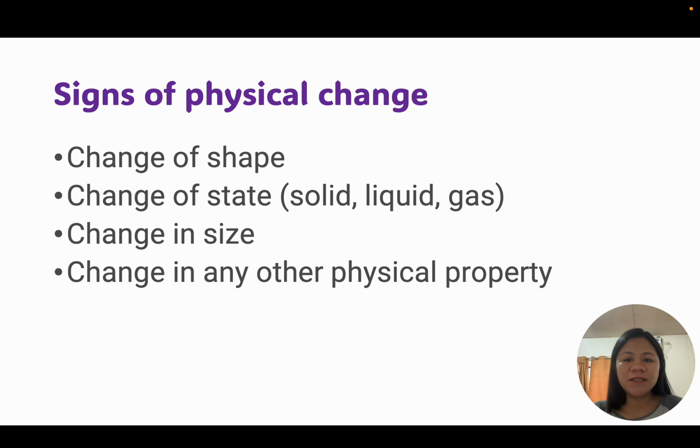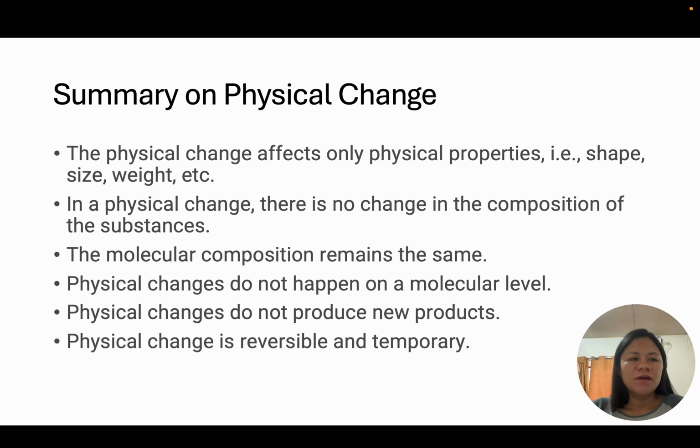So these are the signs of physical change: change of shape, change of state, just like the water, change in size, change in any other physical property. So, summary on physical change. Physical change affects only physical properties, not the chemical ones. In a physical change, there is no change in the composition of the substance, just the shape, the size, the state.